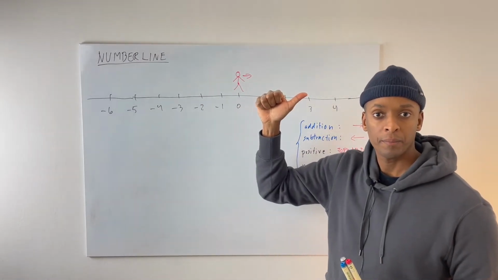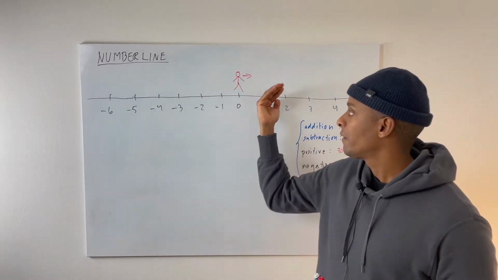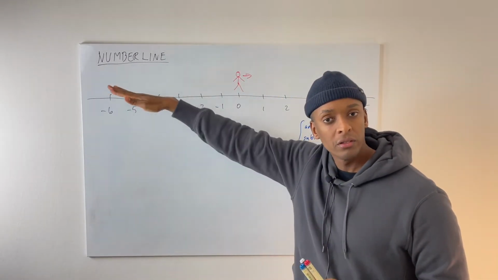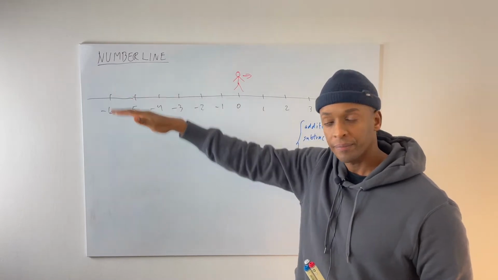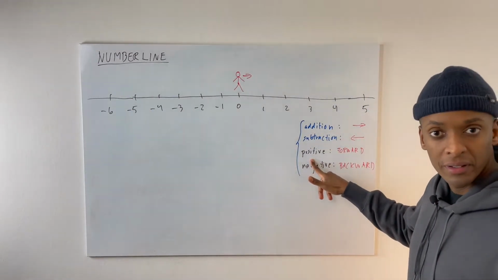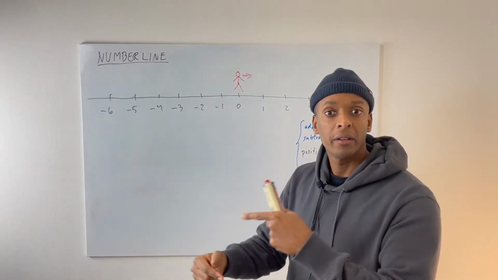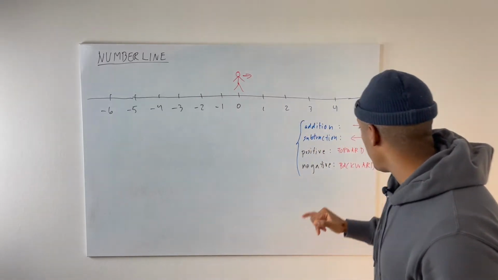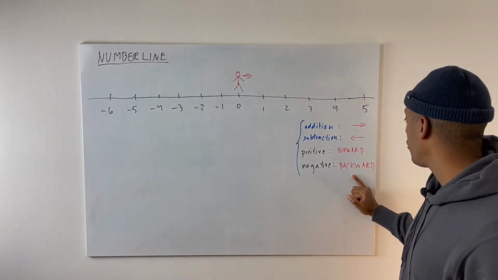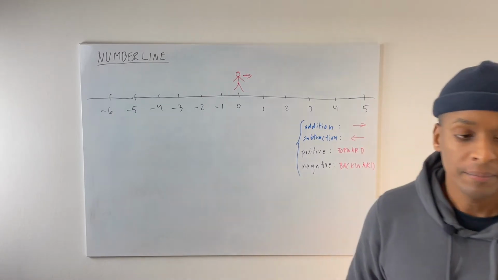And I want you to think of subtraction as facing to the left. A positive number, we think of it as taking steps forward. And a negative number, we think of it as taking steps backward, okay?